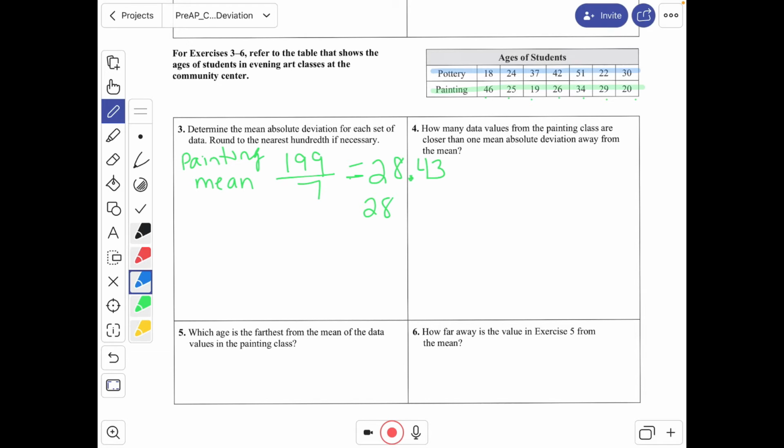Then we're going to find the distance that each one of these numbers is from 28.